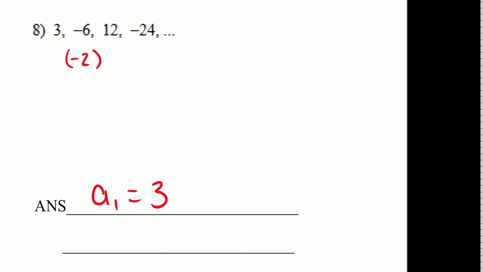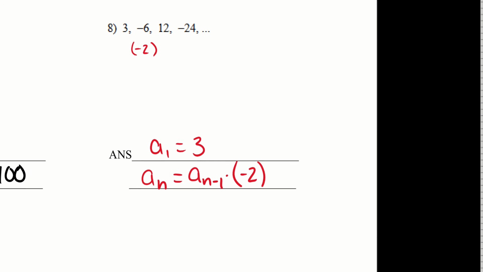In order to get to a term, take the previous term and multiply that value by -2. So there's a very nice looking recursive definition, right? To get to a term, multiply by the number -2.